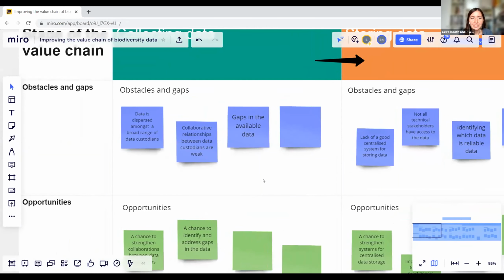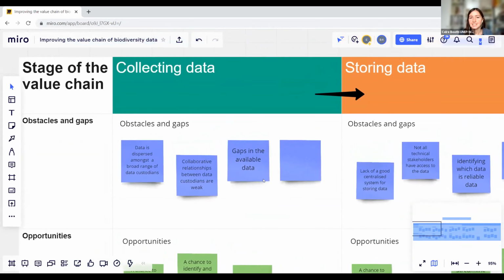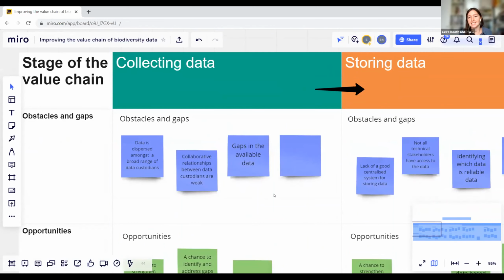I think we'll begin with some of the obstacles and gaps that take place at the collecting data stage. Some of the points that we have here already are that data is often dispersed among a broad range of data custodians or data holders.